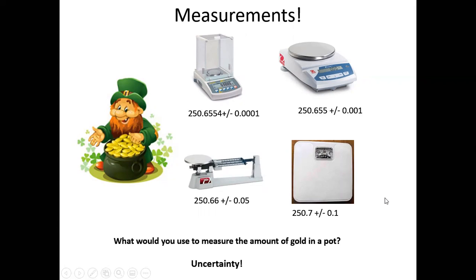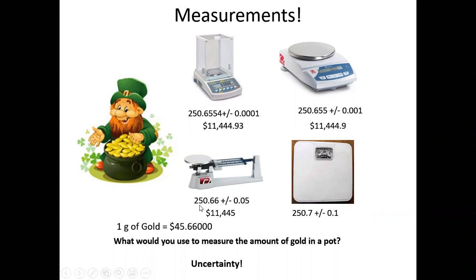Now, to give you an idea of the uncertainty in these types of measuring devices, let's assume that 1 gram of gold is $45.66. And so if he was to take the mass from the first balance, he would get $11,444.93. If it was a top loading balance, we get $11,444.90 based on the proper significant figures.